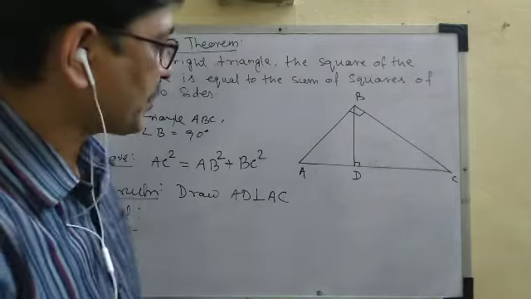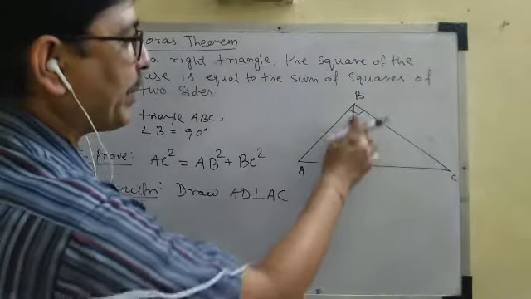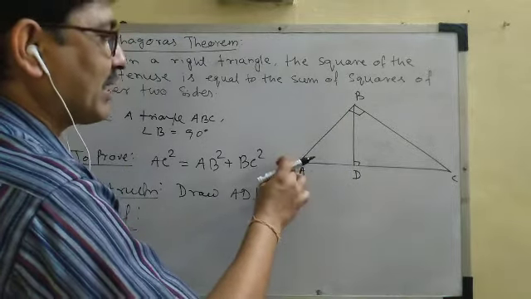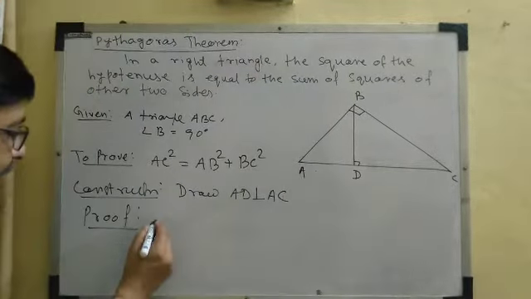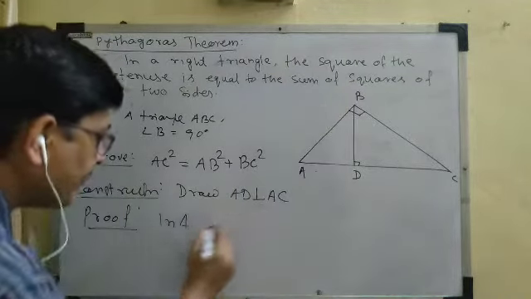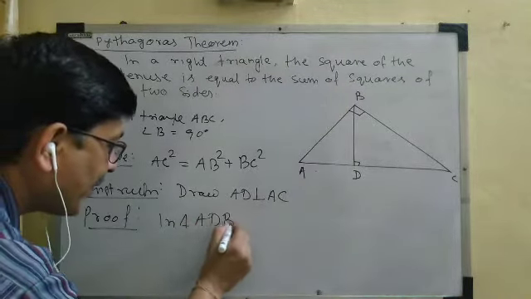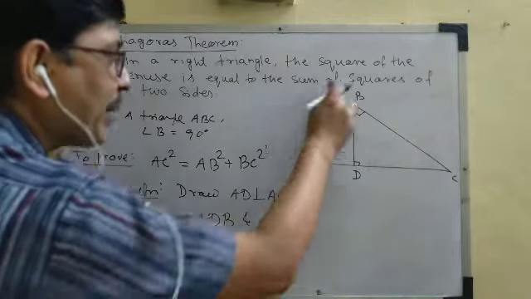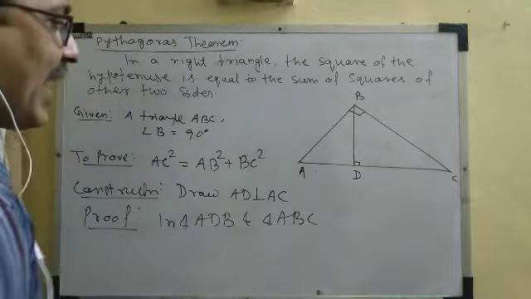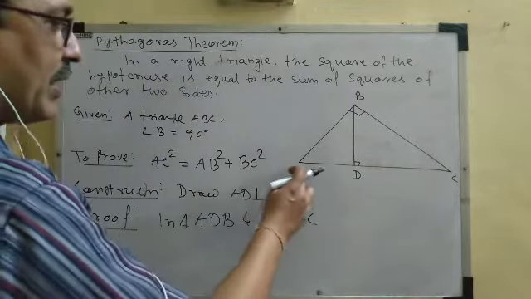Now you consider these two triangles, ADB, which is also a right triangle, and the given triangle ABC. In triangle ADB and triangle ABC, you can see angle A is common to both.